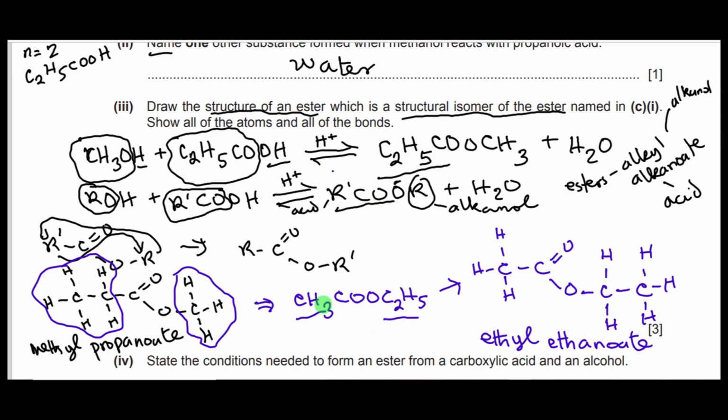If this is from the alkanoic acid, CH3CO, to complete it, we add OH. And if this is from the alkanol, C2H5O, to complete it, we add H.